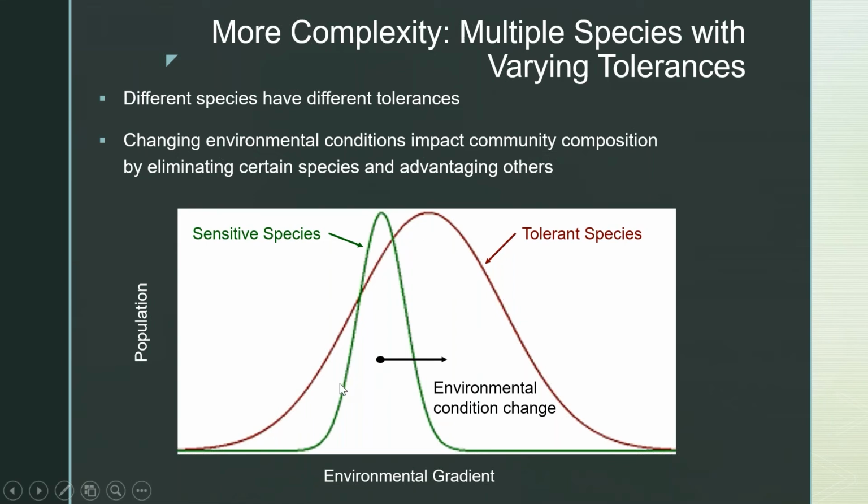But for a sensitive species, with very narrow tolerance ranges, a small change in an environmental parameter can mean that it bumps up against this tolerance range and begins to experience stress. So if we look at communities now with multiple different species, we notice that as we begin to move environmental conditions, we may completely lose this sensitive species, but we may still keep this tolerant species.